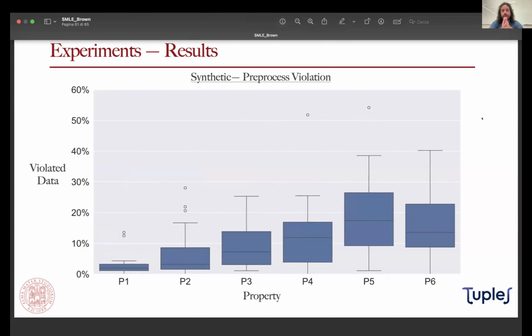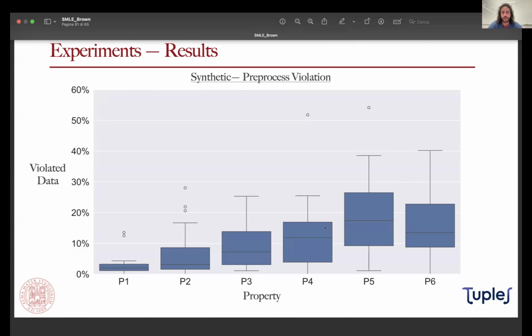Okay, so here I want to analyze the main drawback of our competitor pre-process. So as I said, pre-process can violate. Here the question is, how much are we violating, okay? So here I am counting the number of test instances on which the pre-process approach violates, and as you can see, it's significant, okay?